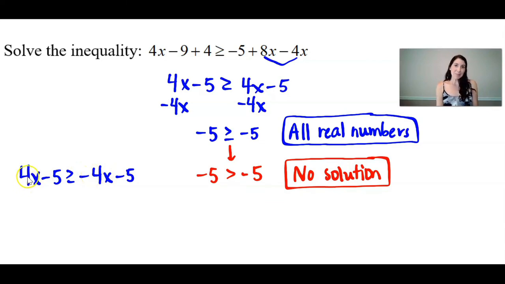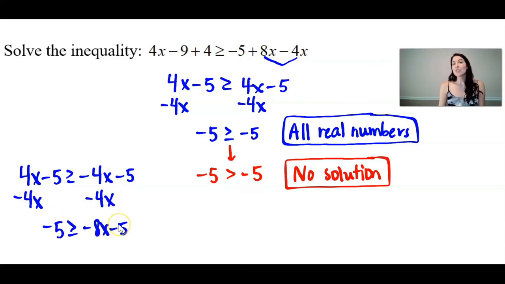But notice that this is a positive 4x and this is a -4x, so if you were to subtract 4x on both sides, your variables would not eliminate, which means you would be able to continue forward and solve this inequality. So just another reminder that in order to be one of these special cases, your variables do have to eliminate.